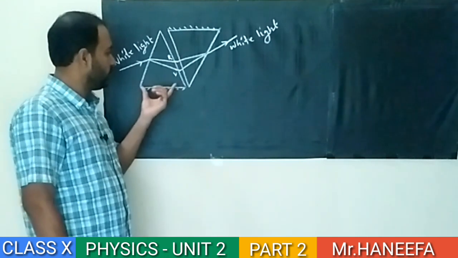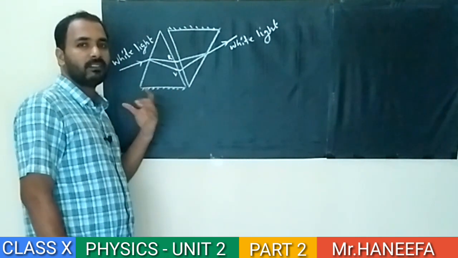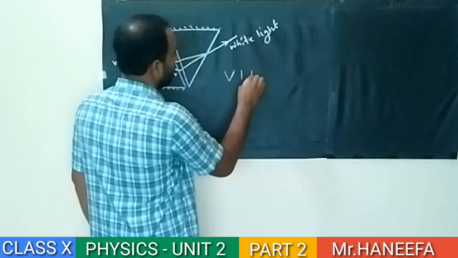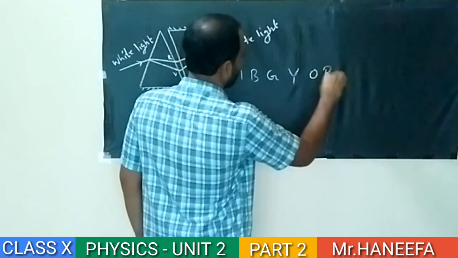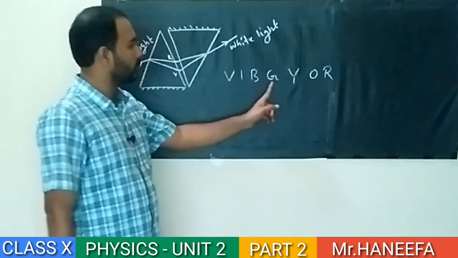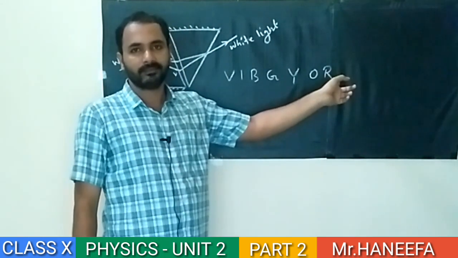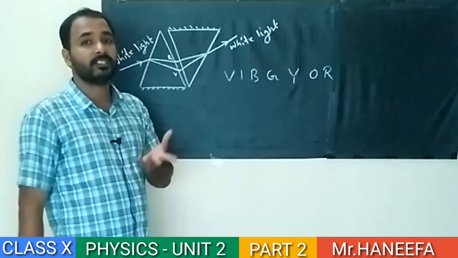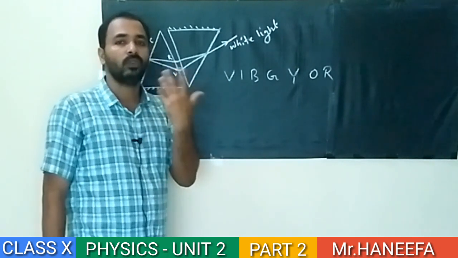In the first prism, the white light splits into 7 colors: violet, indigo, blue, green, yellow, orange and red. Then he explained the combination of these 7 colors into white light.